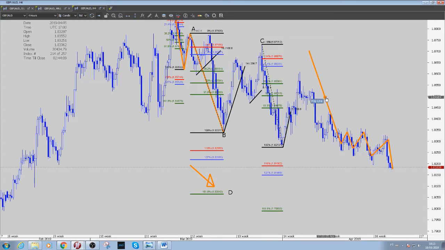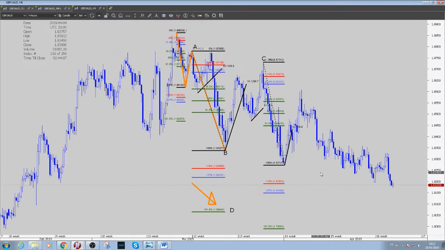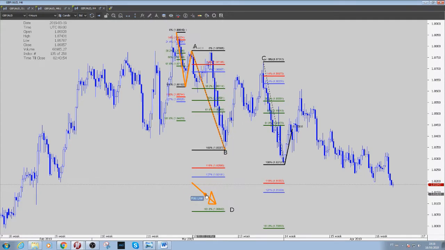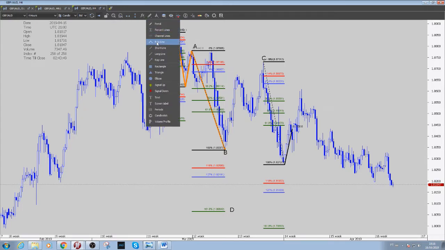Now, one more thing, everybody. Look at this. Study this chart, everybody. Okay, I have 5 more minutes. Study this chart. What can you see? Look at the original Fibonacci. What can you see?